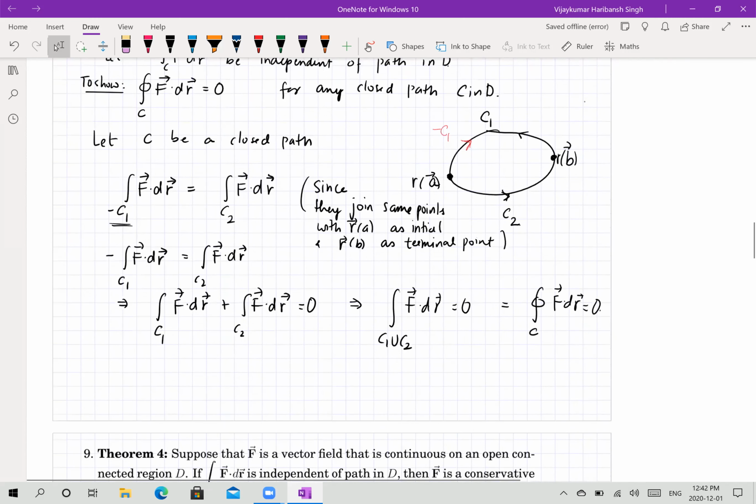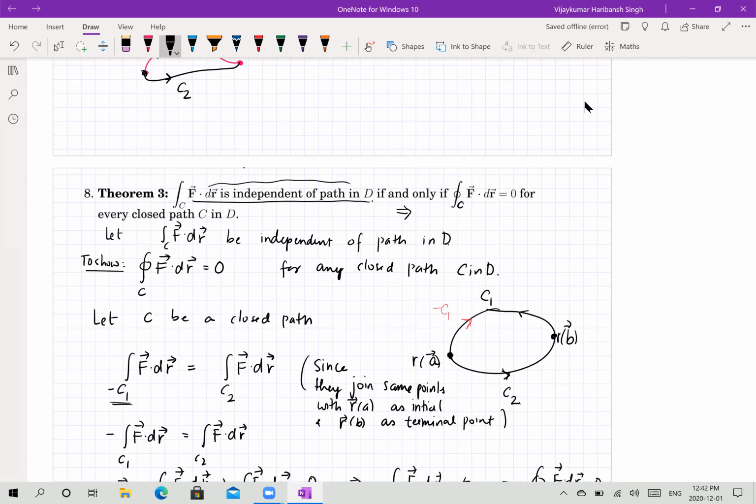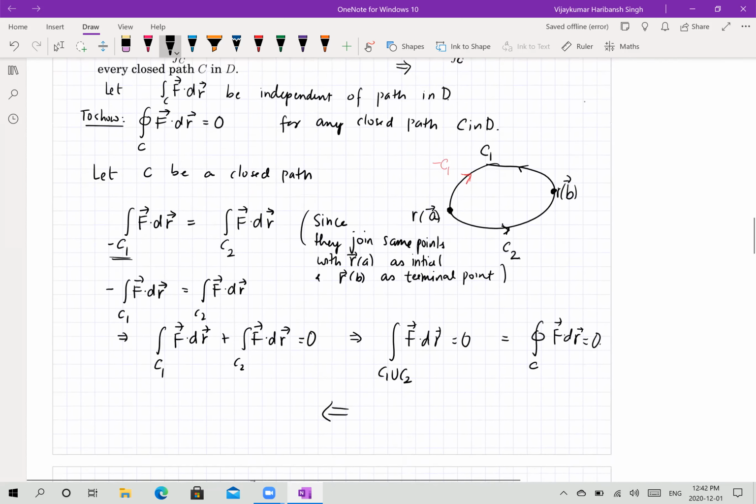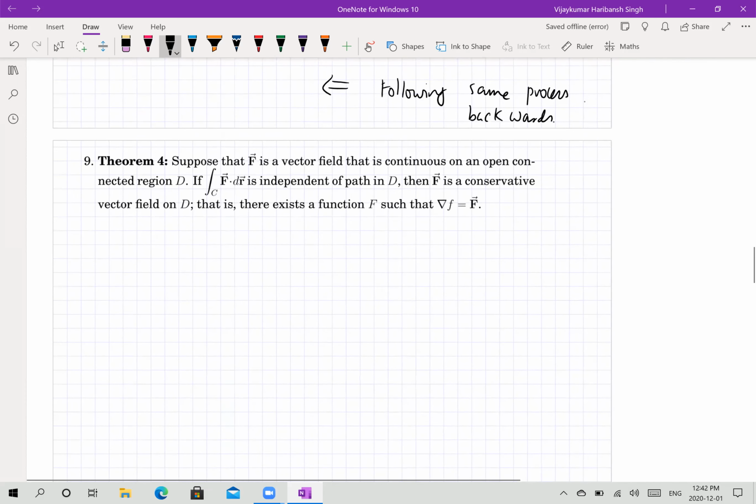Let's look at the other way around, which is to prove that if F dot dr is 0 for every closed path C, then it is independent of path. Follow the same process backwards.